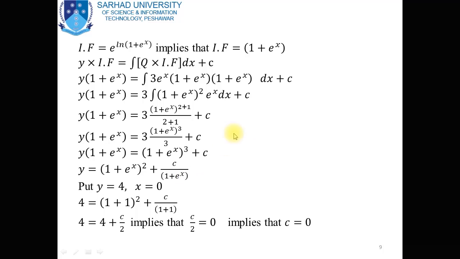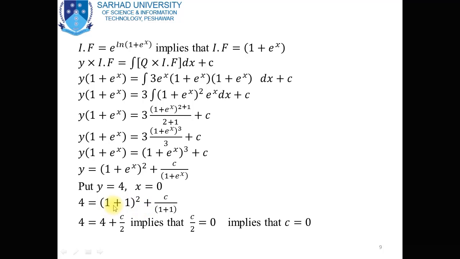Now putting the value of x is equal to 0 and y is equal to 4, which is given with the differential equation, we obtain the value of y is 4 is equal to 1 plus e power 0, which is 1, whole square plus c divided by 1 plus 1.